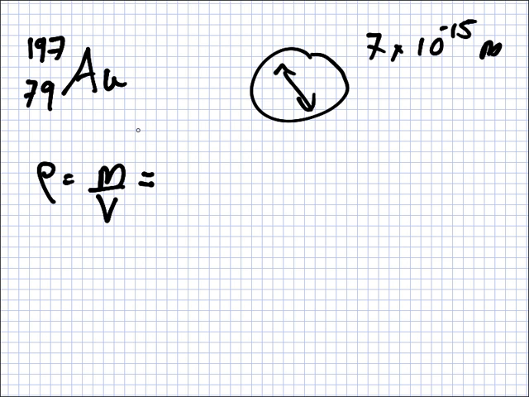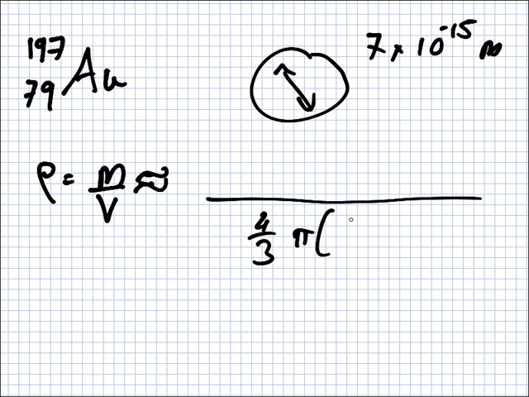That's okay, we only know the diameter of the nucleus. I don't know how strict they're going to be, but the only way I can think of doing this is, the volume we can work out. It's 4 over 3 pi r cubed.